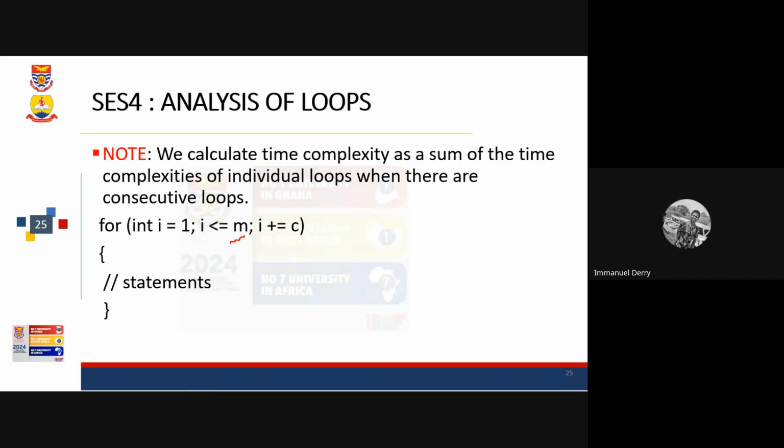So obviously this is going to be big O of M, because for this particular calculation here, whatever addition you do, you're going to get a constant or a scalar value.